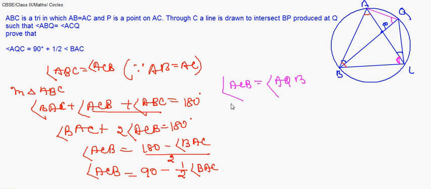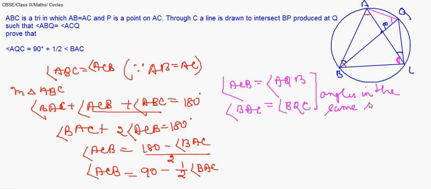Also angle BAC is equal to, sorry, BQC. They are both angles in the same segment. One is on BC and the other is on AB. Alright.